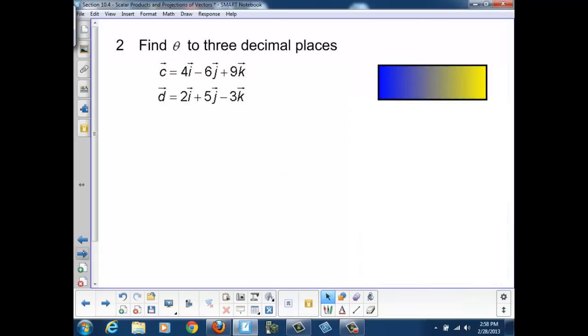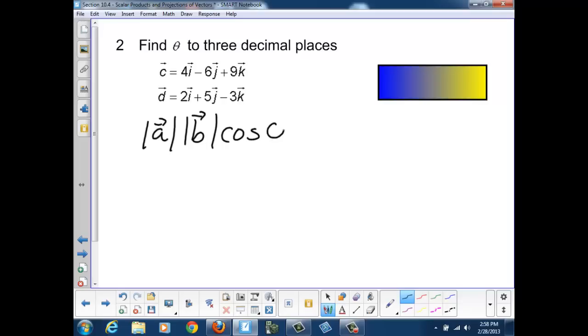Now to find theta, we need to combine the two ways of calculating our dot product. We remember that the magnitude of A times the magnitude of B times the cosine of the angle between them should be equal to our alternative way of calculating the dot product, which would be the negative 49 that we calculated in the previous example. So for the magnitude of C, we need to use our super Pythagorean.